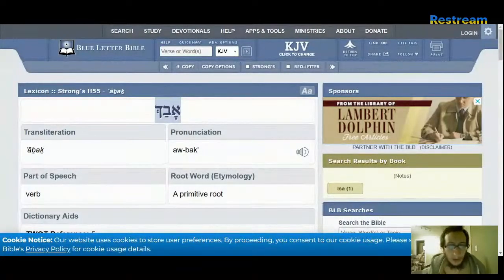Let's see what we got here. Yeah, it's not really showing there as well. Okay, and abal.